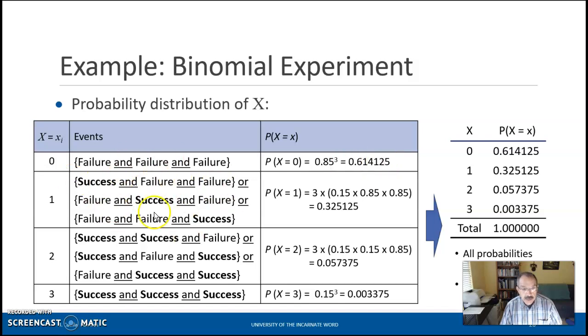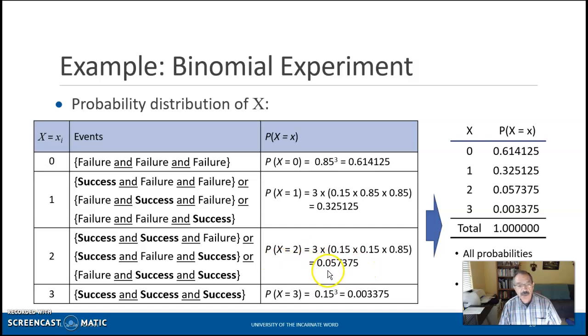Now, we saw this case where the random variable is equal to 1, and there is only one success observed. There are 3 sequences, and the probability that x is equal to 1 is 3 times these products of probabilities. And then when the random variable takes a value of 2, or in other words, when we observe 2 successes, well, we have 3 sequences, and so the probability that x is equal to 2 then is 3 times the sequence of 0.15 times 0.15 times 0.85, because these are independent outcomes.